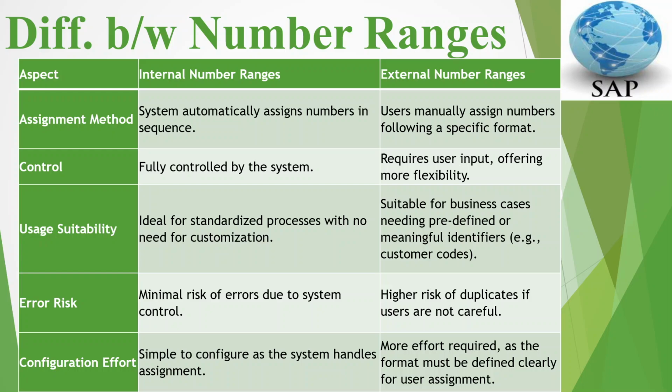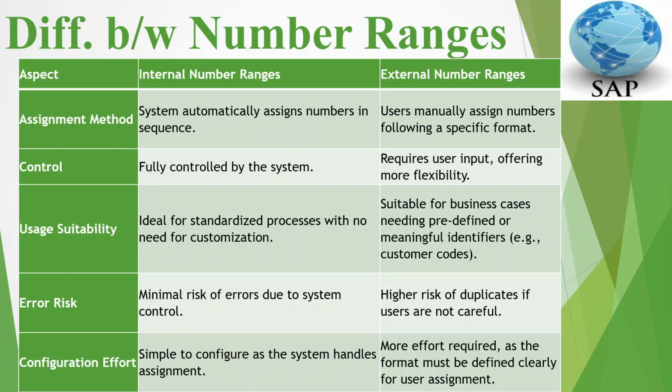So this can be needed and it is purely driven, as I said, by the requirement. Then the risk of error. Minimal risk of error, that means the least risk, will be there due to the system control in the case of internal number ranges, whereas external number ranges have a high risk of duplicates if users are not careful, as the system has no control over what numbers are being used.